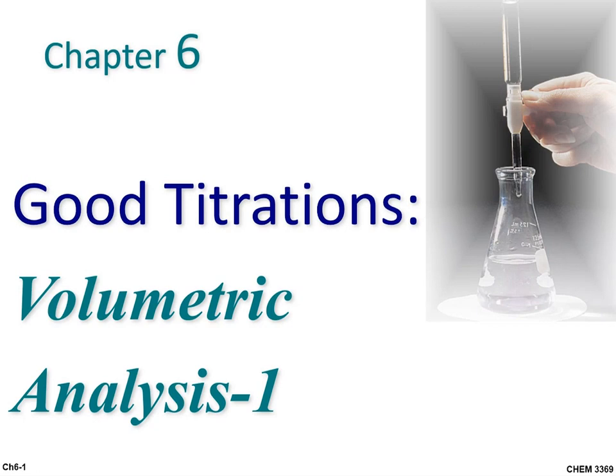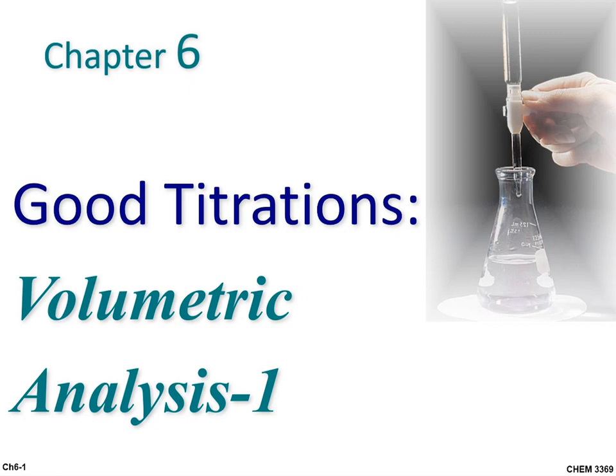From that volume or mass, we calculate the moles of the titrant, and then we use the stoichiometry of the reaction to get the moles of the analyte. That's how we go from the standard reagent to the unknown, the analyte.